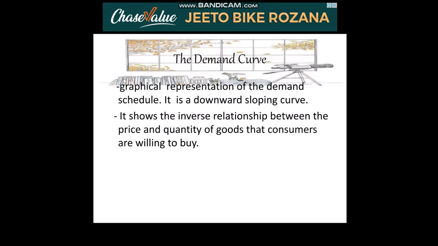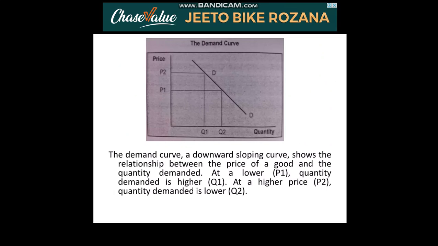The demand curve is the graphical representation of the demand schedule. It is a downward sloping curve. It shows the inverse relationship between the price and quantity of goods that consumers are willing to buy. On the x axis, we take quantity, and on the y axis, we take price.